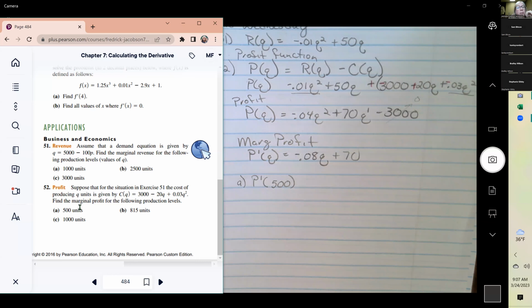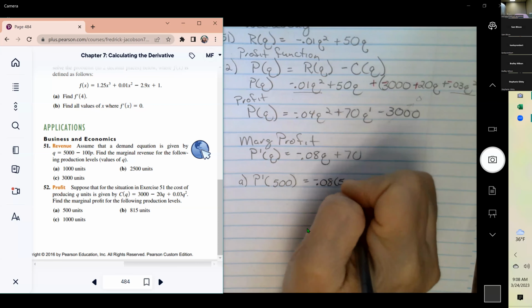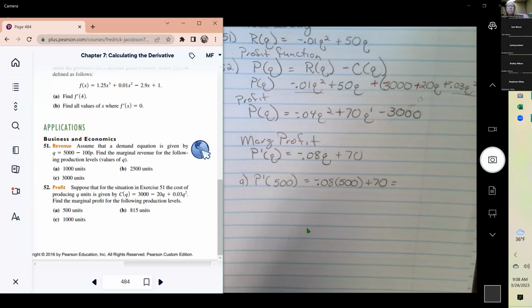I wanted to double check. Q is units. So sometimes it'll be hundreds of units and then you'd only put in a 5, but it's just units. So you'd plug the whole 500 in. And we're plugging in for Q because Q is the units and y would be profit. It also is just in dollars.